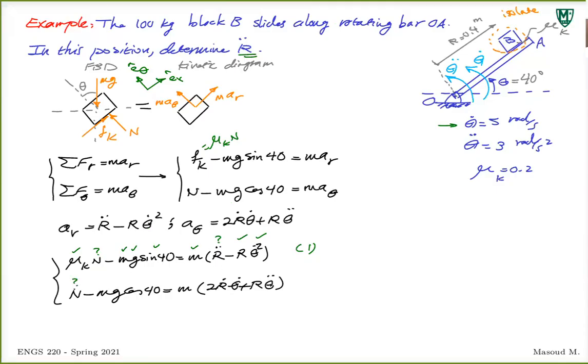Second equation, we don't know N. M we know, G we know, cosine 40 we can calculate, M we know, well, 2 we know. R dot, do we actually know that? Yes, we know it.